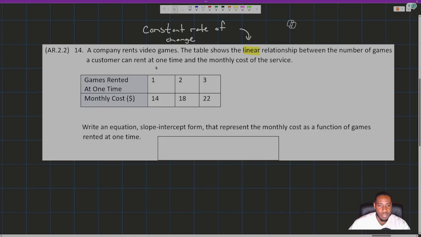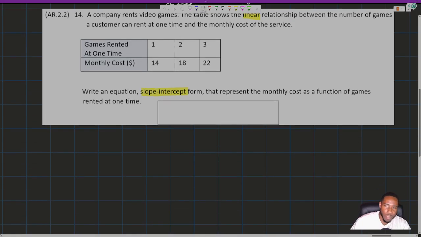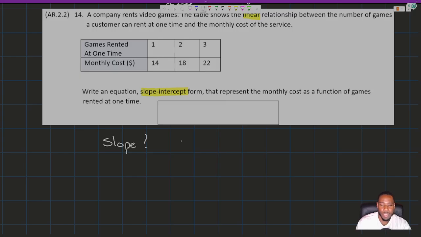It says we've got this relationship, right? X here represents the number of games rented at one time, and Y represents the monthly cost. They ask us to write the equation they want for us in slope-intercept form. And so just like the very beginning of this video, we're looking for the slope and the y-intercept.